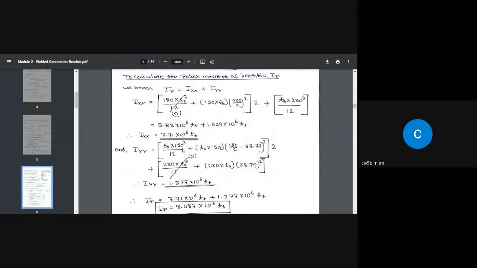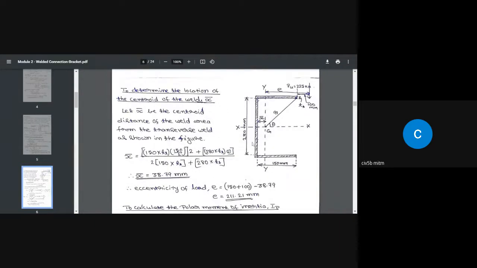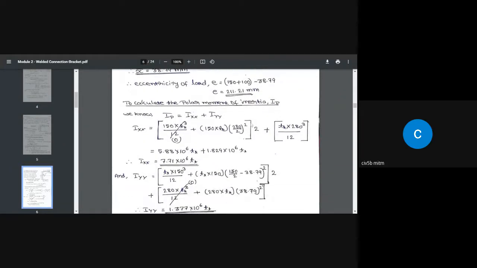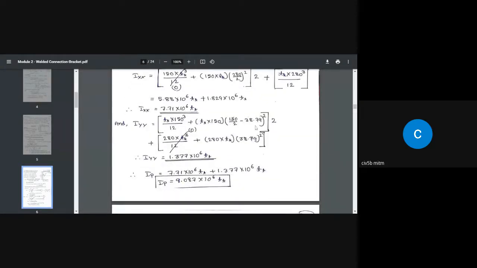So Iyy equal to bd cube by 12, that is, this about this axis is given by Tt multiplied by 150 cube by 12, plus, by the parallel axis theorem, 150 by 2 minus x bar, which gives the distance between the main centroid and the centroid of this component area. So find out what that distance is. That is h.